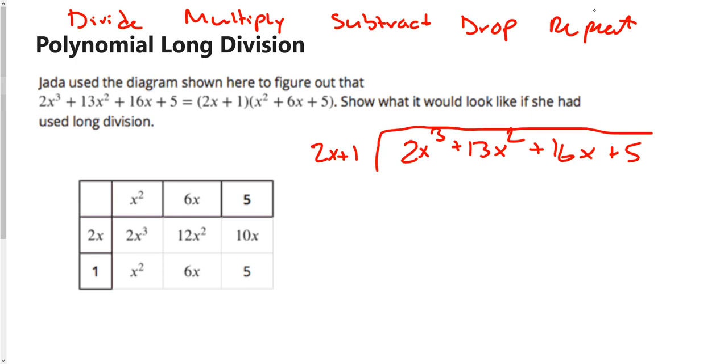Okay, so divide the first terms, 2x to the third divided by 2x. That's going to be 1x squared, or just x squared. Now we're going to multiply x squared times 2x, 2x to the third. Those first terms should always match because you want those first terms to cancel. X squared times 1 is just x squared.